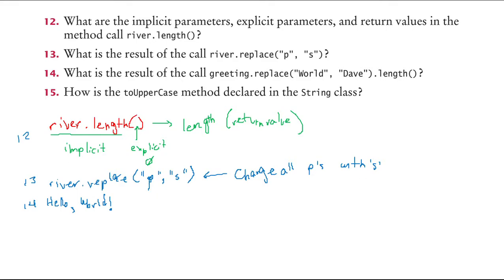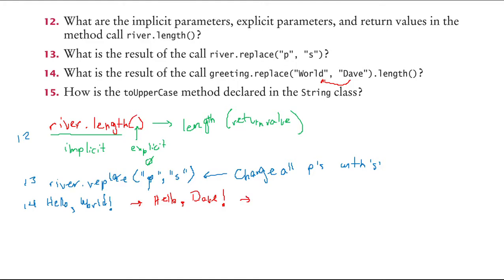We're gonna replace Dave with world, world with Dave. So here, step one, we're gonna use hello, comma, Dave, and we're gonna have this. This is our return thing.